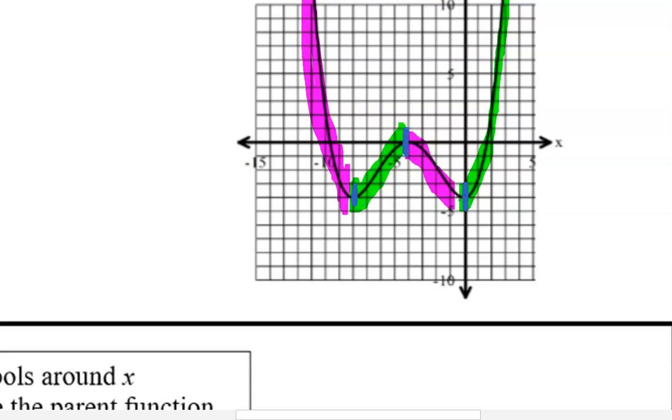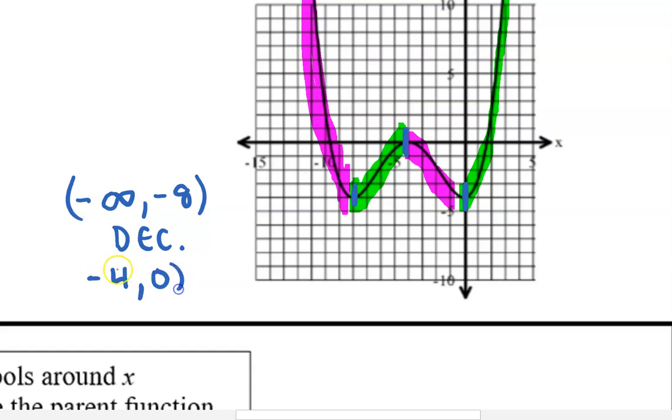So to the left of x equals -8, from -infinity to -8, this function is decreasing. From -4 to 0, also decreasing. All these are in relation to x. Where is it increasing?